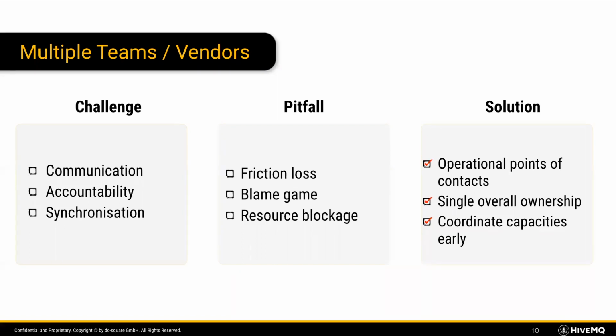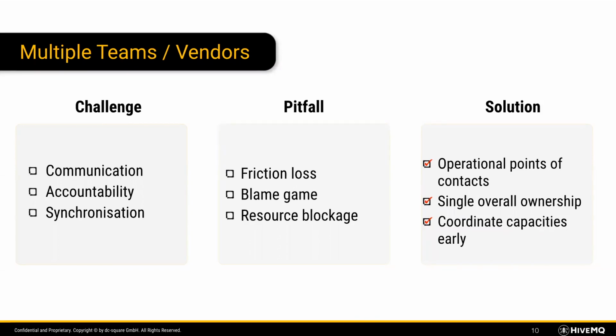Knowledge is typically spread across multiple experts that are subject matter experts in their very specific field, and responsibilities for different components might also be spread across multiple teams or even multiple vendors. The challenge in still getting to one common goal is, how do you communicate who is actually accountable, and how do you synchronize?